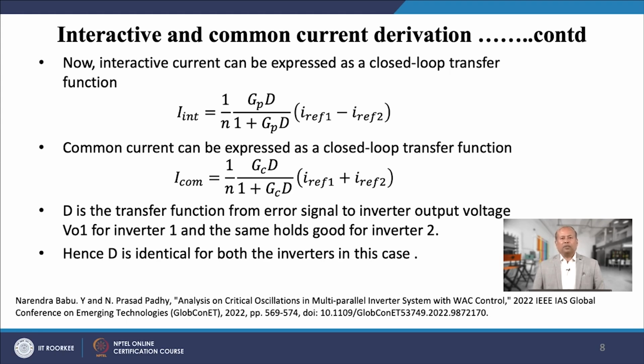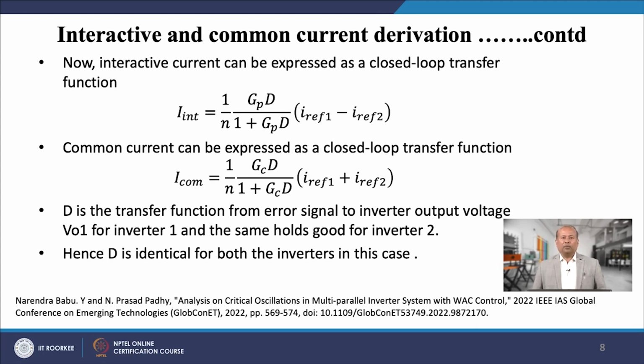Let us suppose that the reference currents IREF1 and IREF2 of both inverters are the same. In such a scenario, the interactive current will be 0, or in other words, there will be no interactive current flowing between the two inverters.